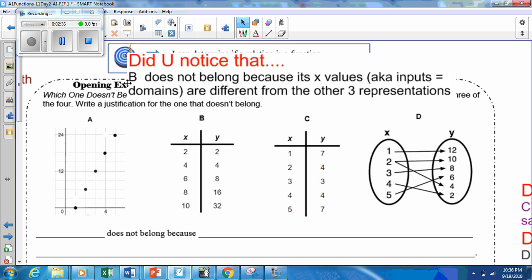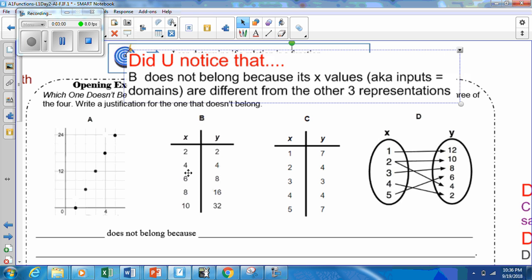For example, here I see I'm going from 1 to 5 very linearly. Here, 1 to 5. Again, 1 to 5. But here, wow, I'm all over the place: 2, 4, 6, 8, 10. I'm skip counting by 2. All right?